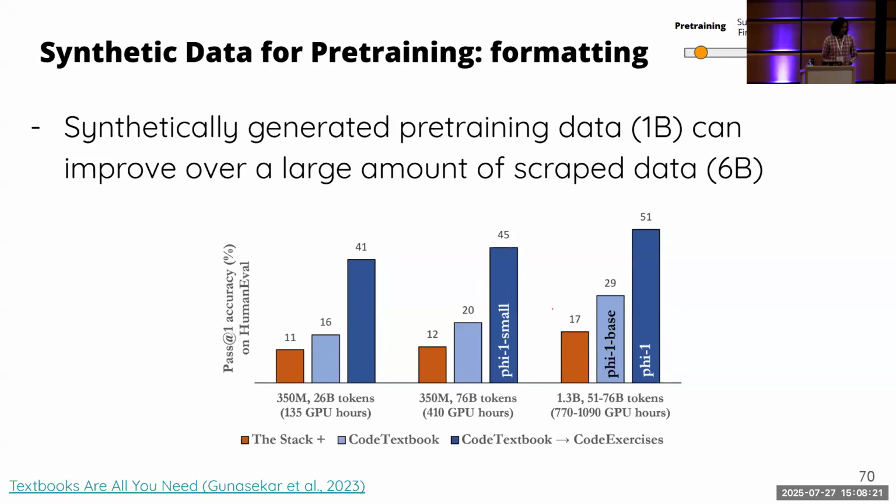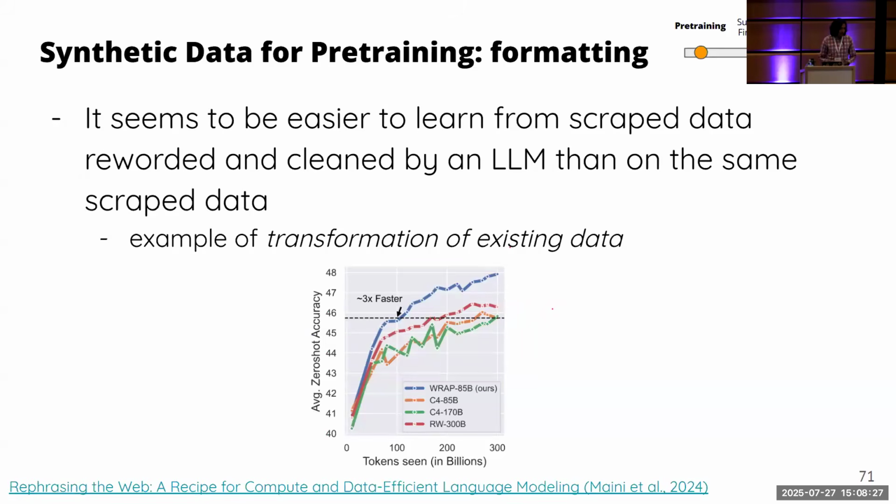And so to understand why this is, we can revisit a paper that Alisa mentioned that shows that scraped data that is reworded and cleaned up can lead to faster learning and better generalization. So you're not really adding new knowledge here, you're just producing it into a format that might be more consumable by an algorithm.